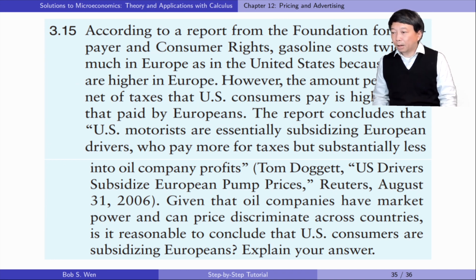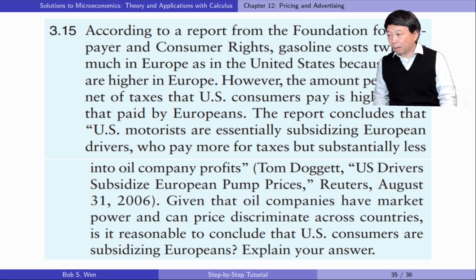However, the amount per gallon net of taxes that US consumers pay is higher than that paid by Europeans. The report concludes that U.S. motorists are essentially subsidizing European drivers who pay more for taxes but substantially less into oil company profits.